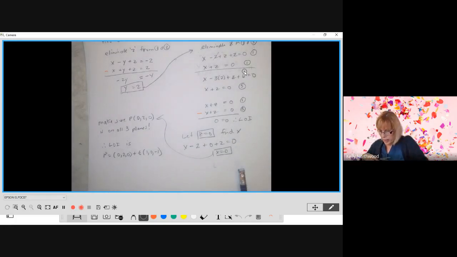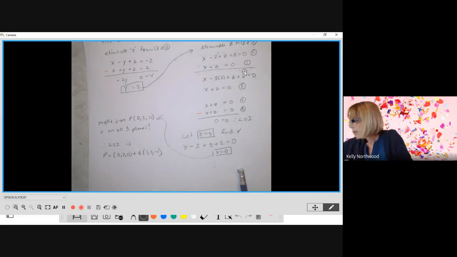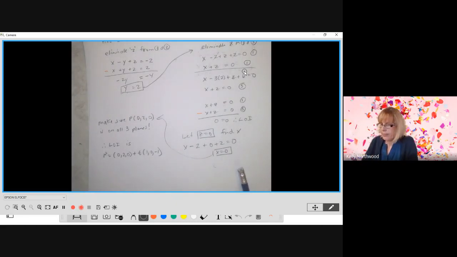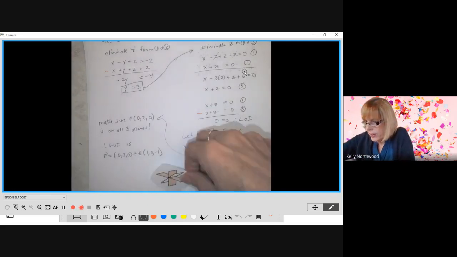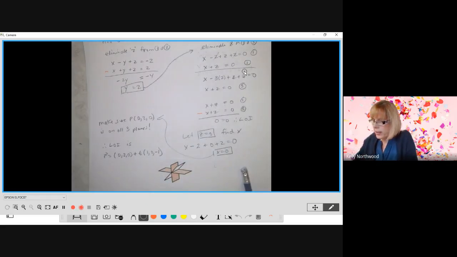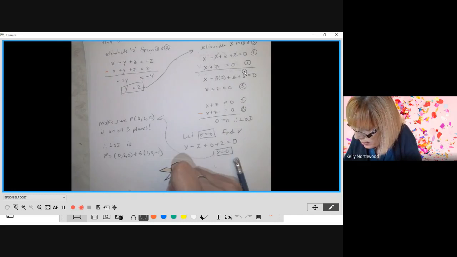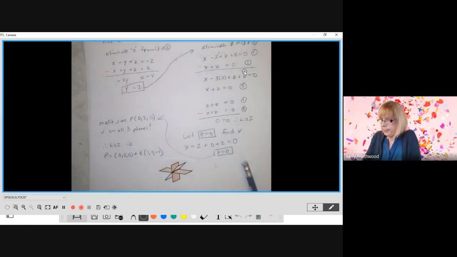So that's the star, I call it. And our line of intersection would be along here, the line where all the planes meet.